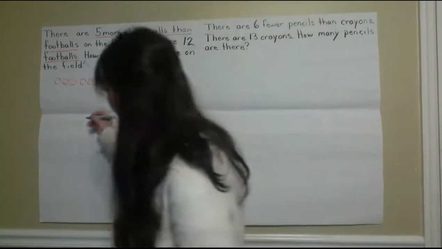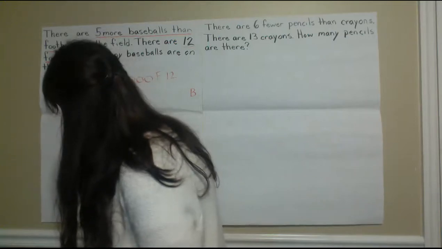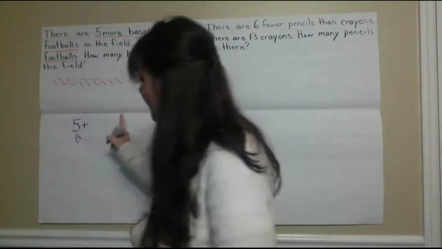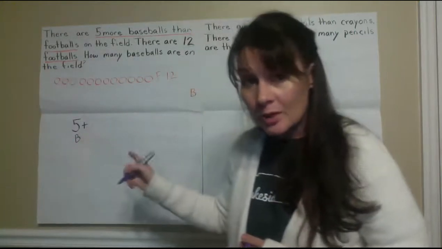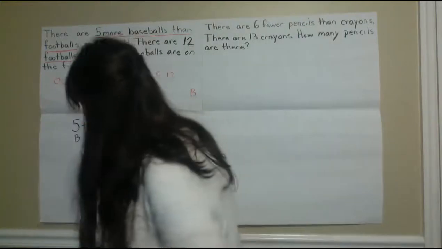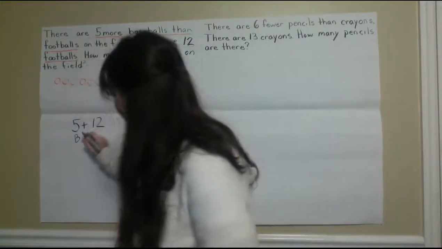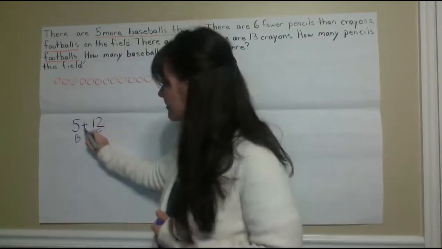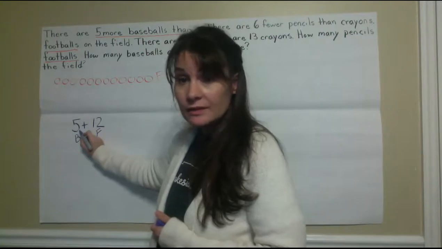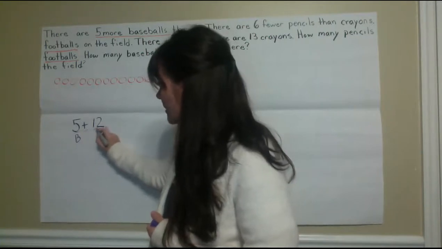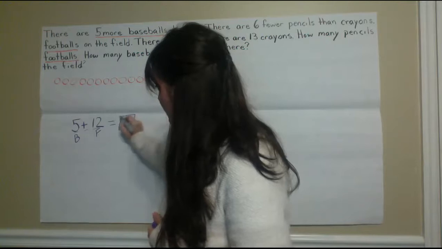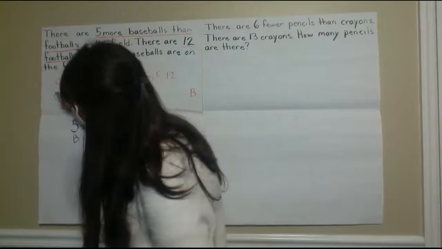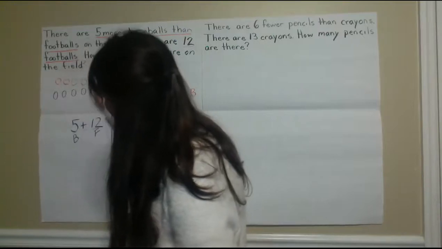Well, it said that there are 5 more baseballs than footballs. And I know that footballs, we have 12. So if I know that these are my footballs, I know baseballs have 5 more than that. So I'm going to be adding those numbers together. So if I know that there are 12 footballs, well, I already know there must still be 12 baseballs.